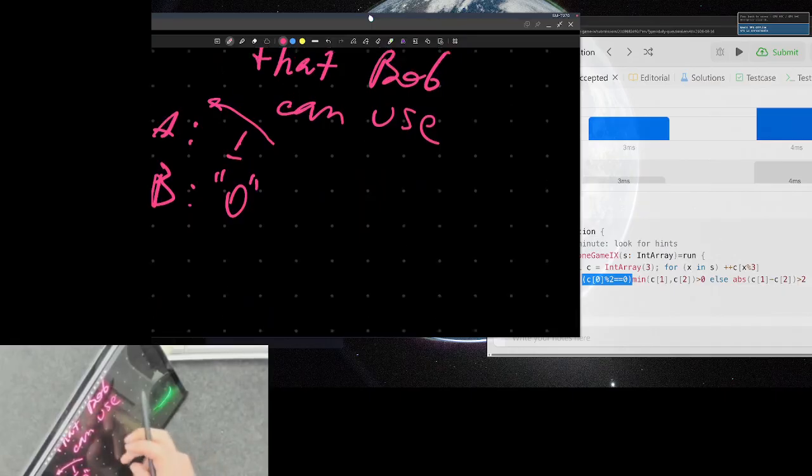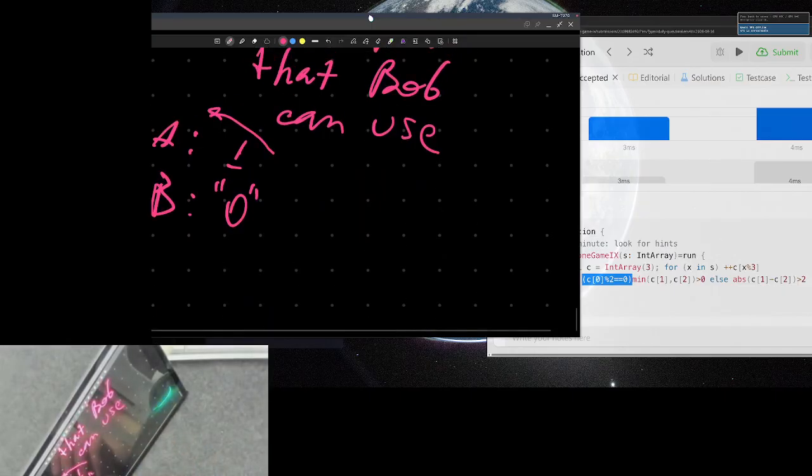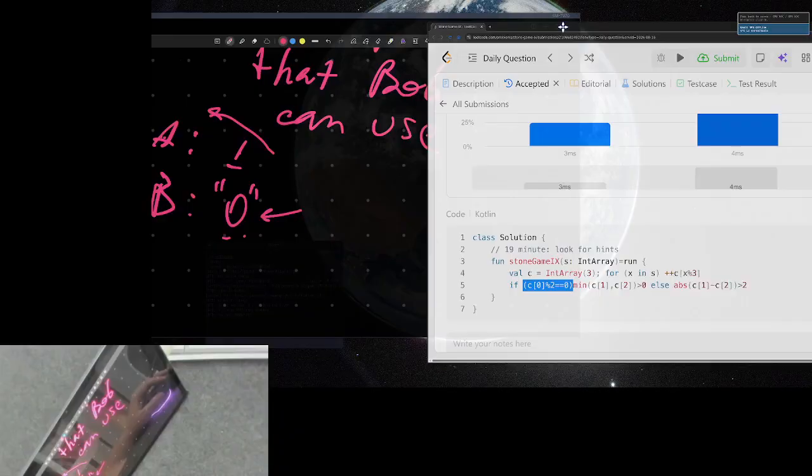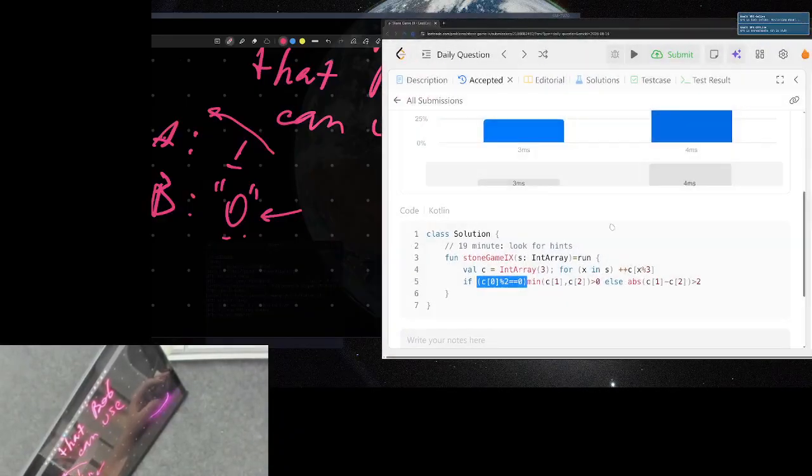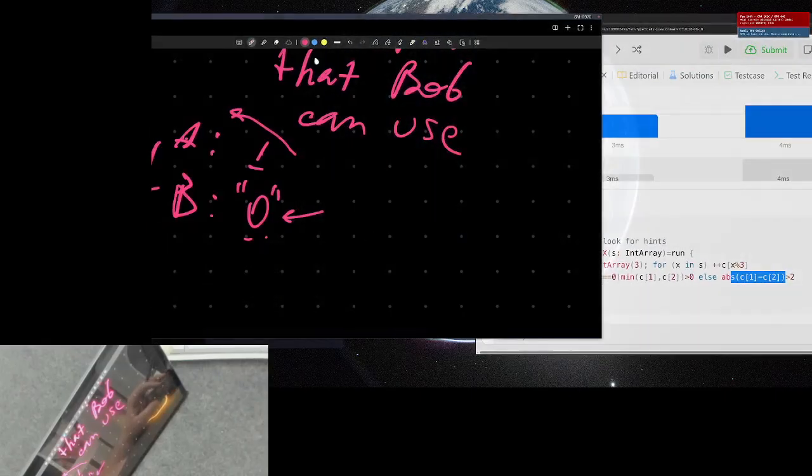And if Alice tries to predict Bob and says he would turn the game, Bob can ignore this 0. So this is a mind game where Alice would always lose. But in one case, she still can win: if we have a bigger difference between ones and twos.